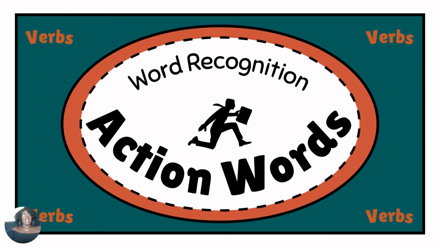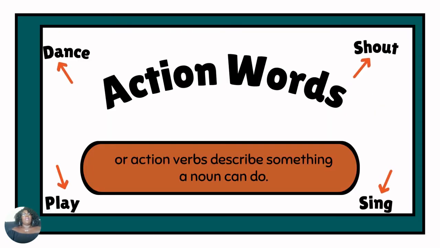Word recognition. Action words. Action words are the same as action verbs when there's physical movement. If you notice the arrows pointing to different action words: left hand top corner, dance. Right hand top corner, shout.